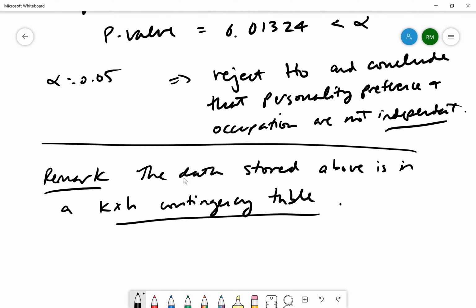The book discusses how to extend this test for independence of 3 or more variables, but we won't cover that today.